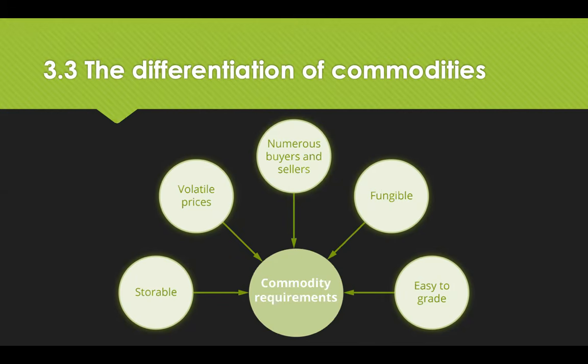Commodities are the building blocks of tradable products. Points about commodities include they are interchangeable with other products of the same type. They can be either used as they are or to make other products.